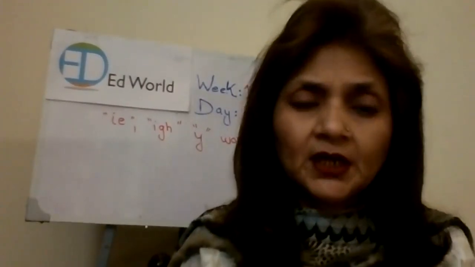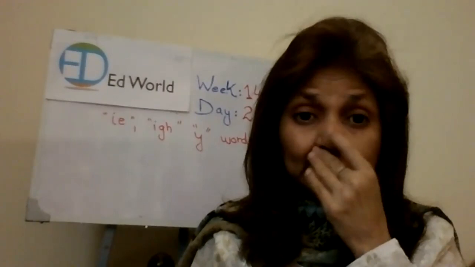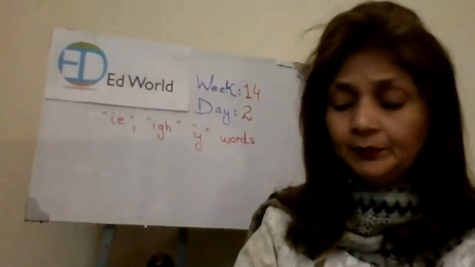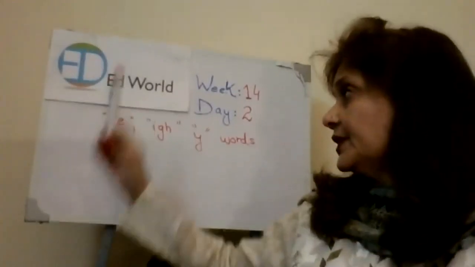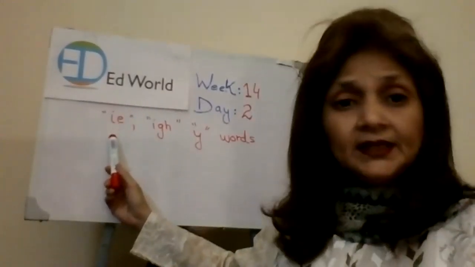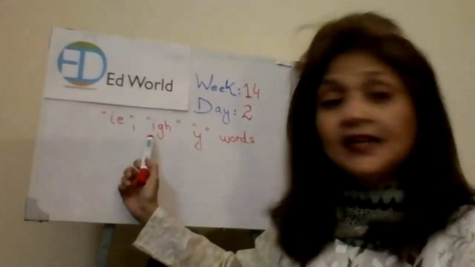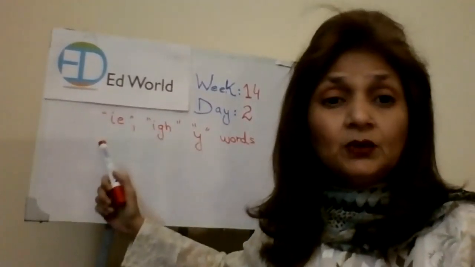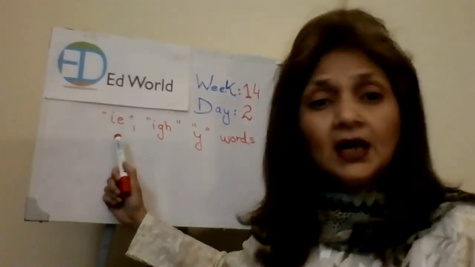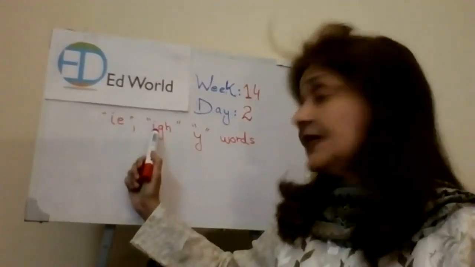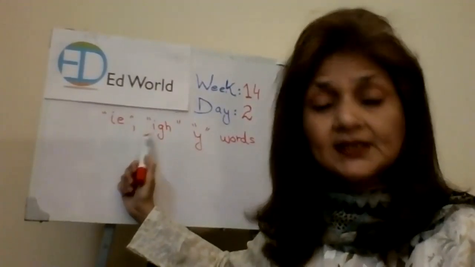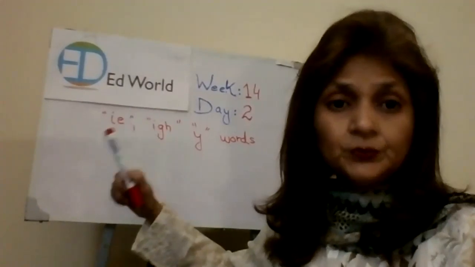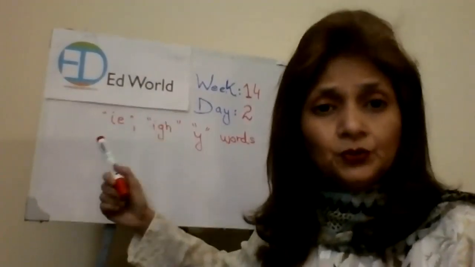Now, what we are going to learn, as you all can see, I have written on my board the different words, the IE words, the IGH words, and the Y words. The words that have IE in it, the words that have IGH in it, the words that have Y in it. We are going to learn those words.